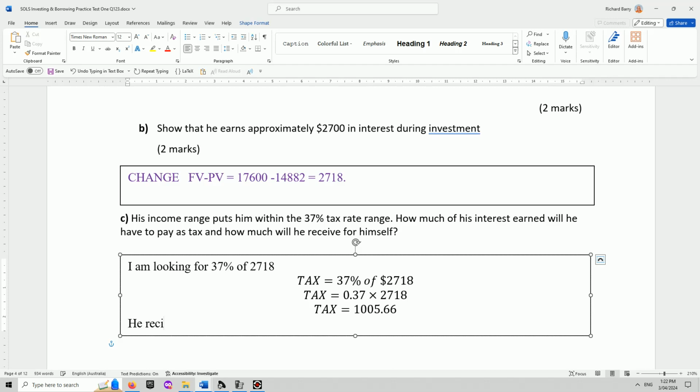He receives the 2718 subtract the tax. At this point we're not bouncing around into dollars and cents, so we'll do 2718 subtract 1005, which is going to be 1713. Now let's check that.